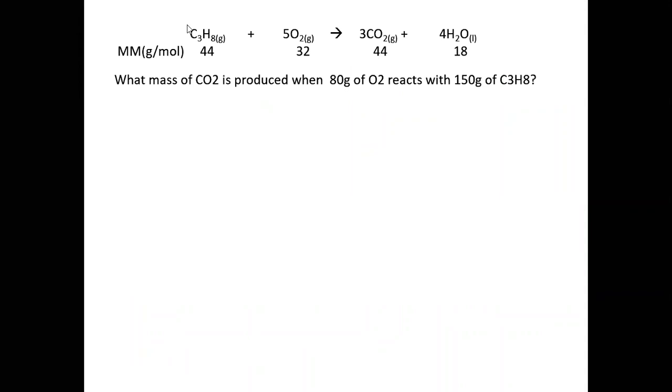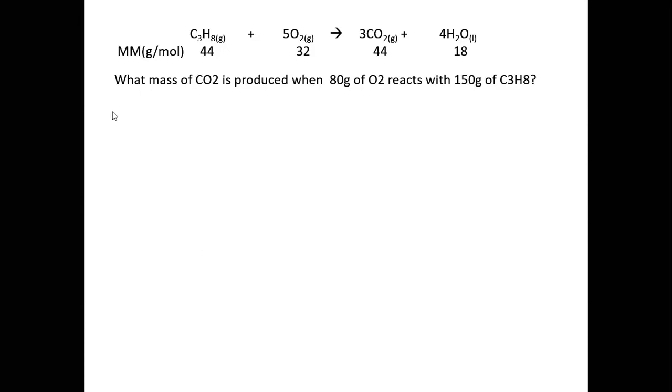So in this combustion reaction, we want to know the mass of CO2 produced when 80 grams of oxygen reacts with 150 grams of propane. Again, we're going to be doing duplicate calculations: one for oxygen, how many moles of CO2 are produced by oxygen, and one for propane, how many moles of CO2 are produced by C3H8.